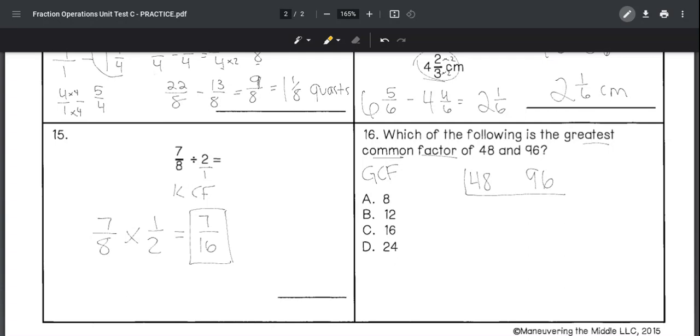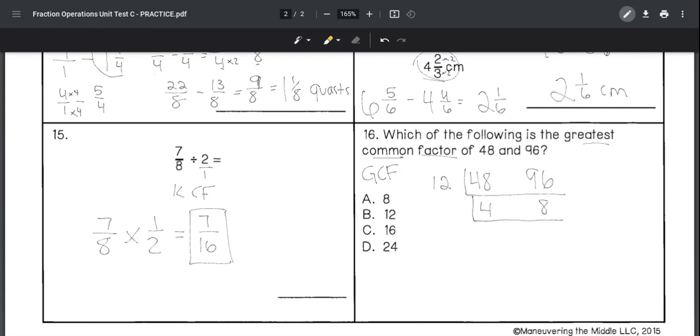I'm like, what smaller number can I use to multiply to get 48 or 96? It has to work for both. And the first thing that comes to my mind is 12s. So I'm going to put 12 on the outside. How many 12s make a 48? The answer is 4. How many 12s make a 96? The answer is 8. I draw my next ladder step.